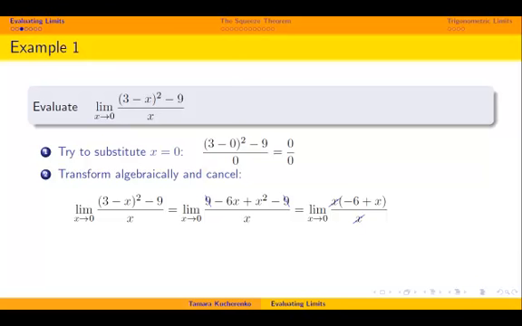We arrive at the limit as x approaches 0 of negative 6 plus x. The last step is to substitute the limiting value x equals 0 into the transformed formula. The limit as x approaches 0 of negative 6 plus x equals negative 6 plus 0 equals negative 6.